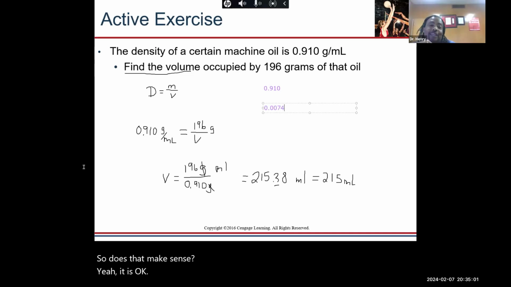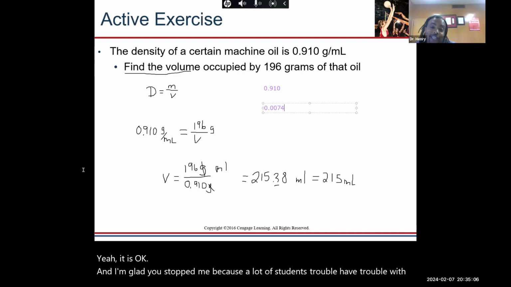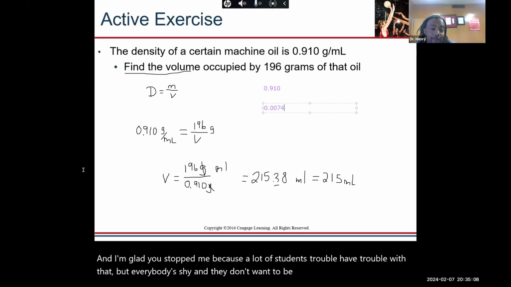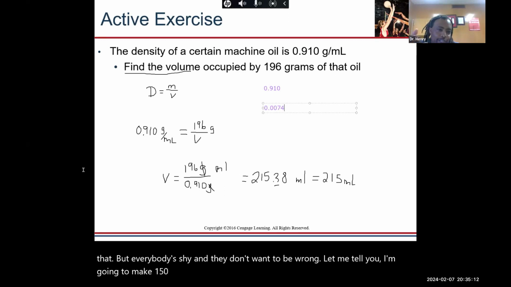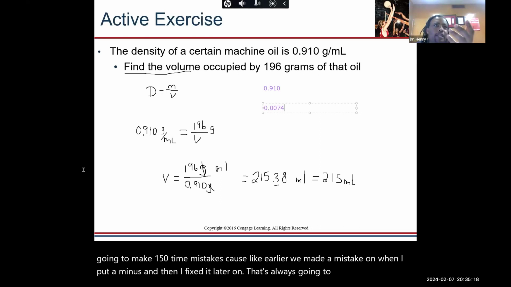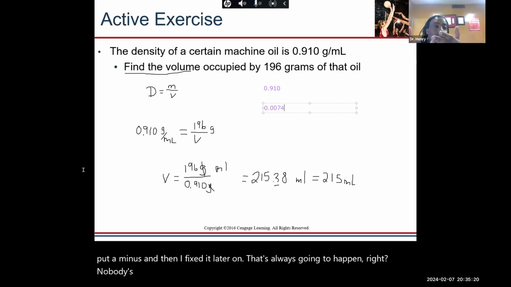I'm glad you stopped me because a lot of students have trouble with that, but everybody's shy and they don't want to be wrong. Let me tell you, I'm going to make a hundred and fifty mistakes. Like earlier, we made a mistake when I put a minus and I fixed it later on. That's always going to happen, right? Nobody's perfect. The way that we learn is by making those mistakes.